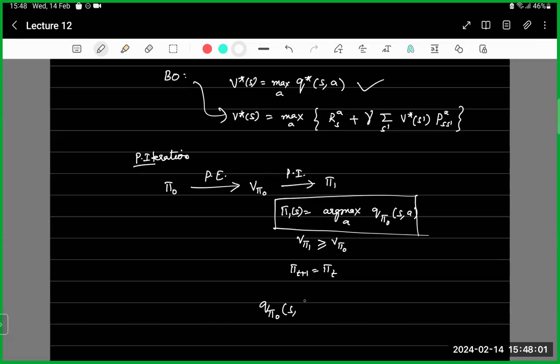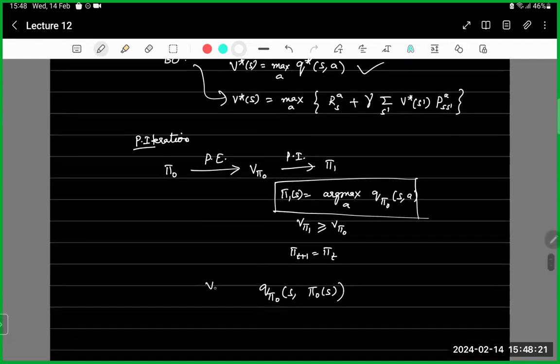Q pi naught of s comma pi naught of s. This is the value of pi naught, right? You behave according to pi naught, and afterwards you also behave according to pi naught. This is the value of policy pi naught, right? This much everyone is clear, right? The value of a policy pi naught is this, correct?